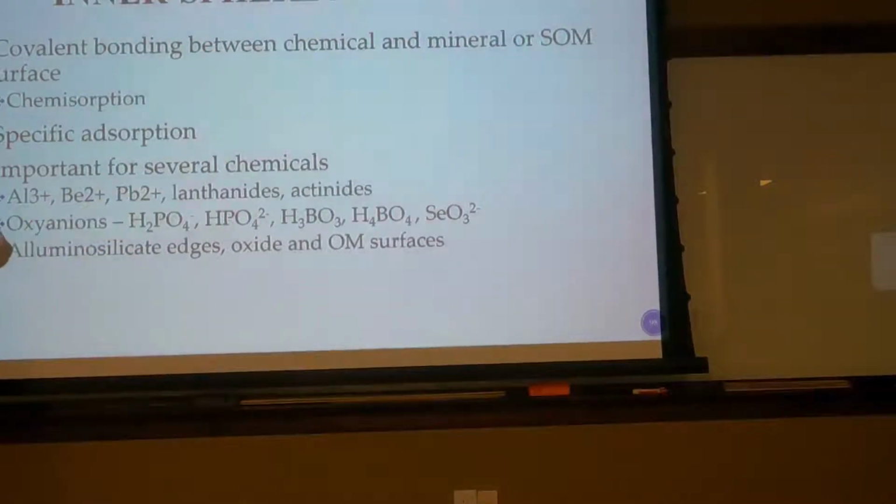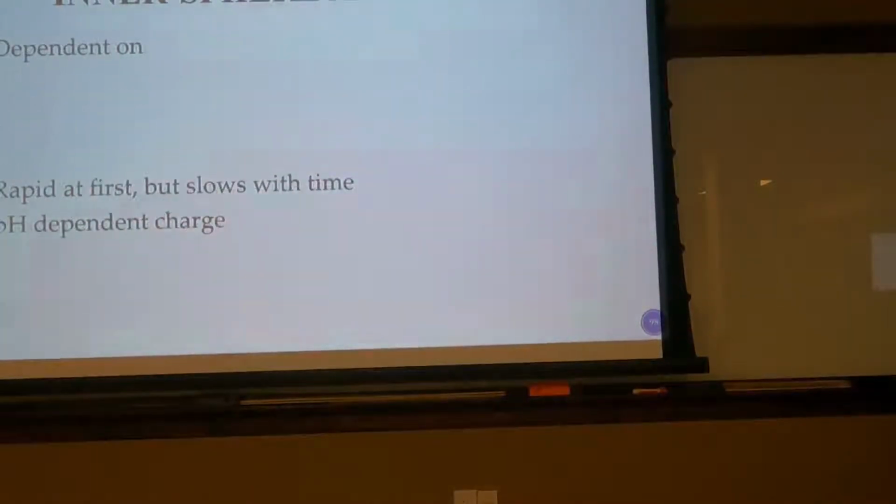So just remember that it's going to require more energy to break that covalent bond because there's some inner sphere adsorption. And that's also going to be dependent upon the ion solubility and the ionization energy.